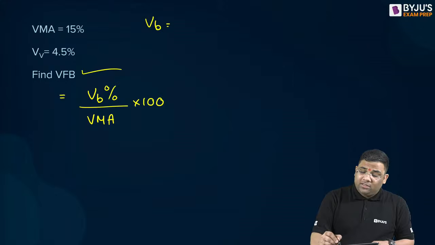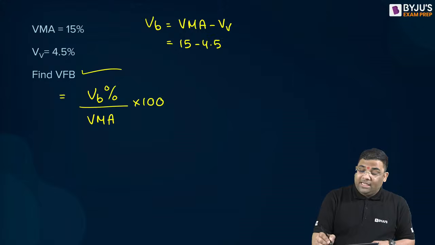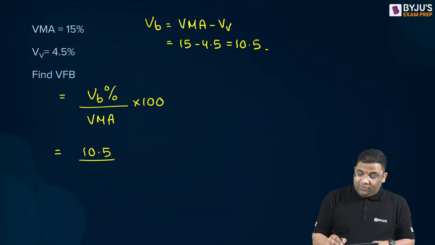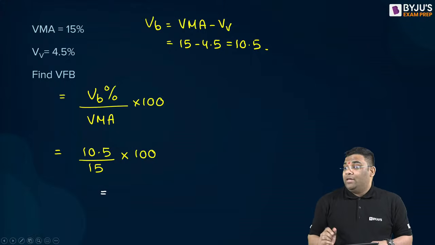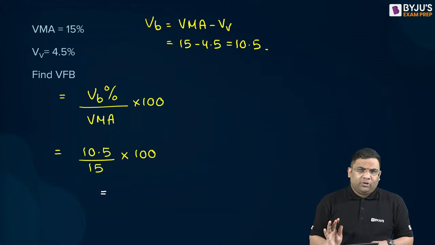Percentage bitumen will be the total voids minus the air voids. That is 15 minus 4.5, giving 10.5, right? So here I will put 10.5 divided by 15 into 100. So you can see that once you get these formulas and the logic behind them, you can easily solve all these kinds of questions, right?